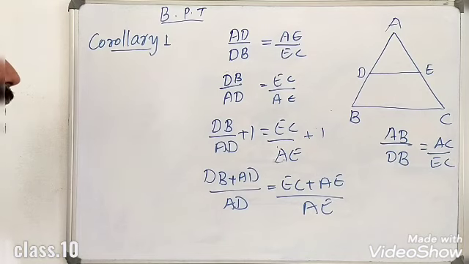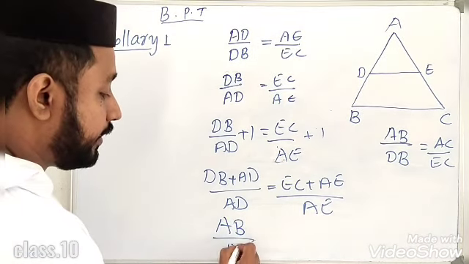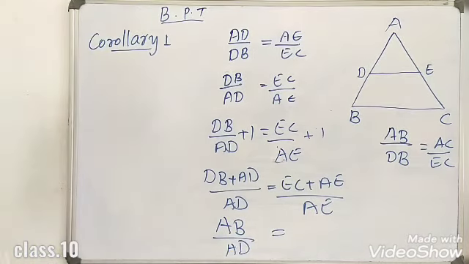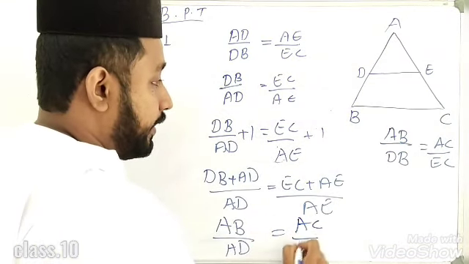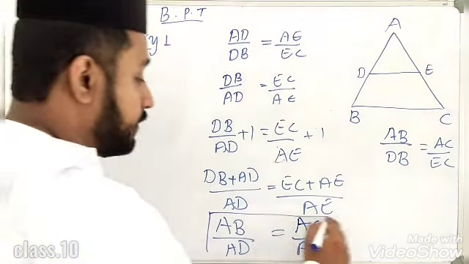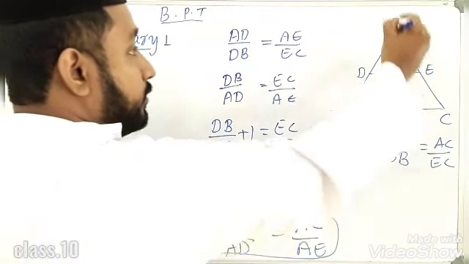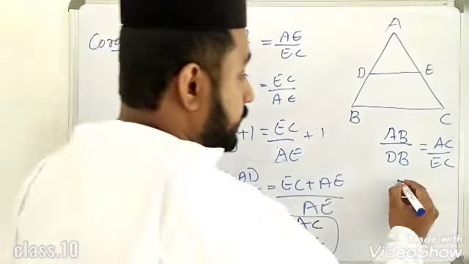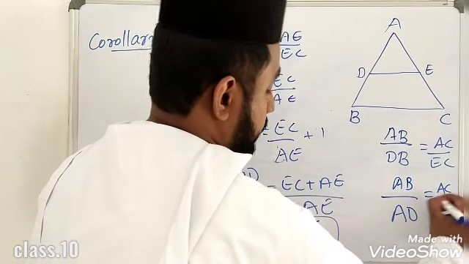DB plus AD means AB, so AB by AD is equal to EC plus AE, that is AC, by AE. So we got another result: AB by AD is equal to AC by AE.